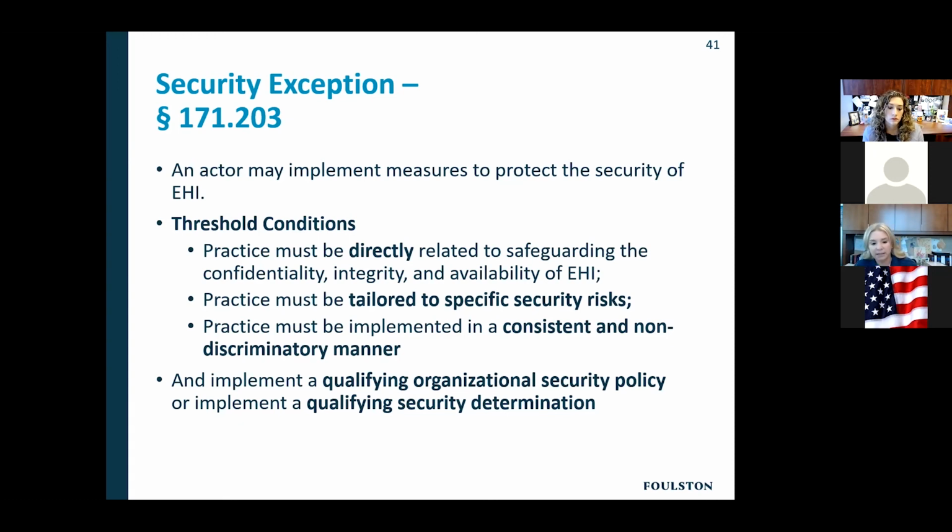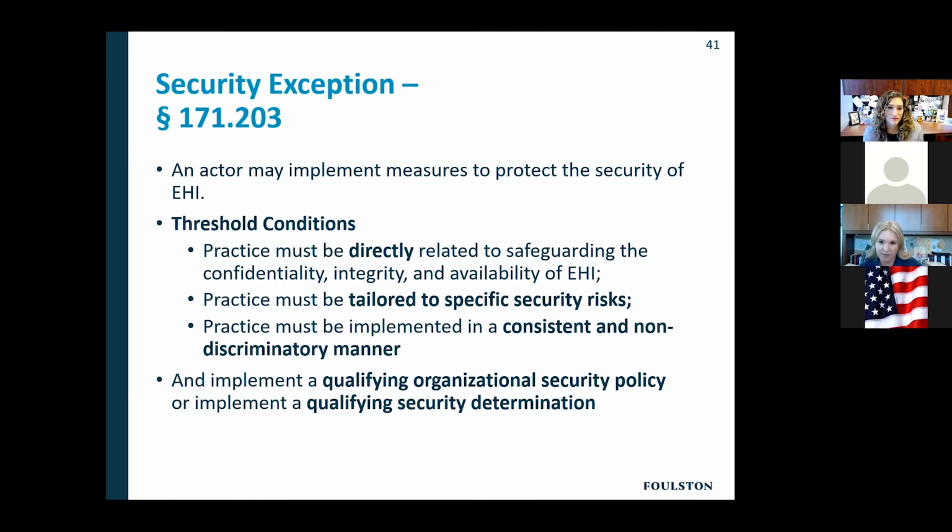And then again, we recommend implementing an organizational security policy and a qualifying security determination. The nice thing here is that another way of saying organizational security policy is HIPAA security policies. And another way of saying qualifying security determination is your HIPAA security risk assessment. So if you've got HIPAA security policies in place and you're doing your HIPAA security risk assessments, you're probably covering this.